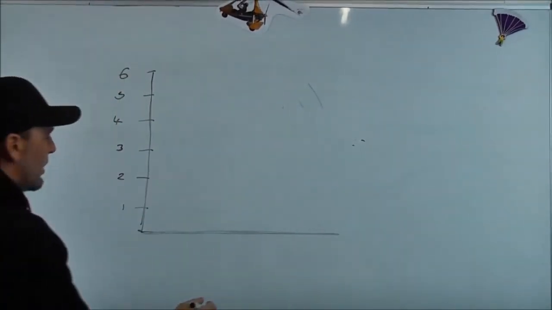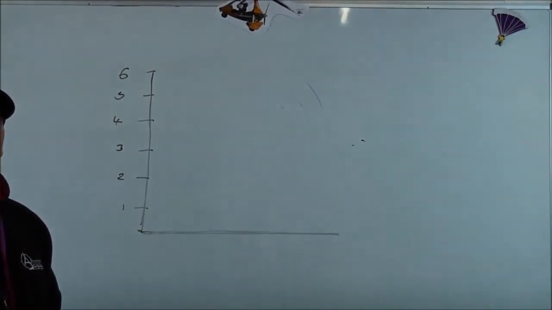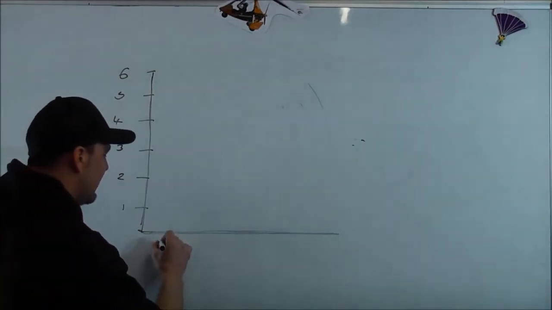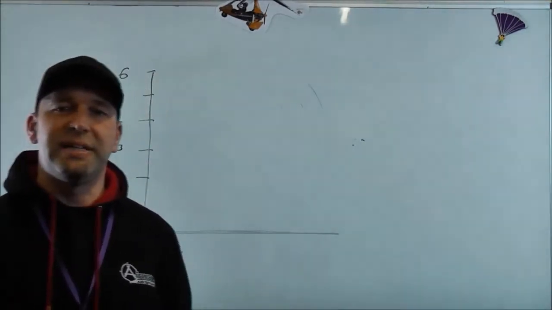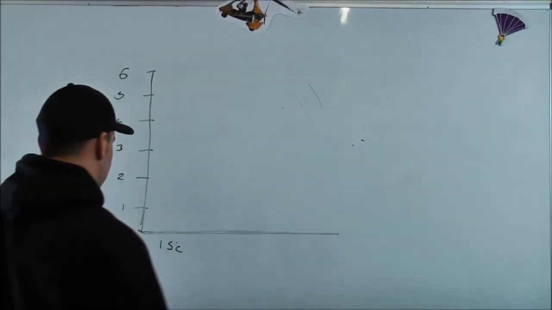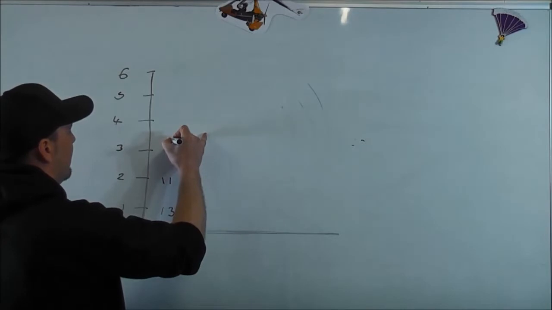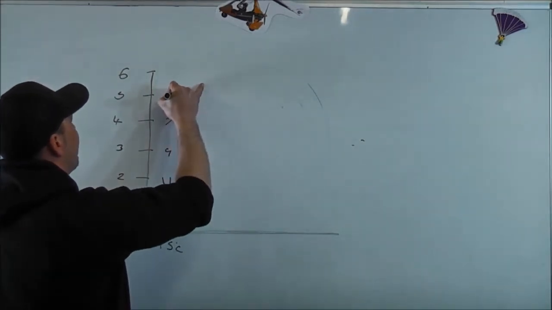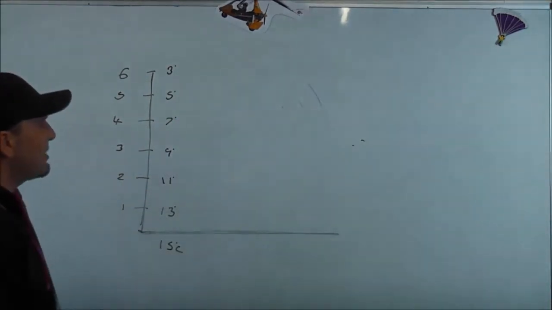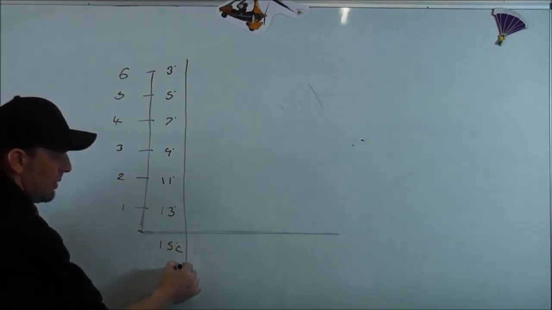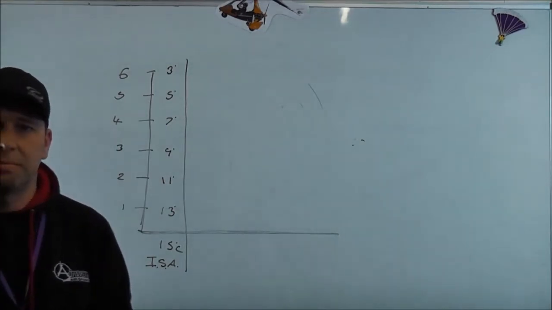Now, the ISA says that the average ground temperature is 15 degrees, and that for every 1,000 feet it cools by 2 degrees. So 13, 11, 9, 7, 5, 3. So that's what the ISA says it should be doing.